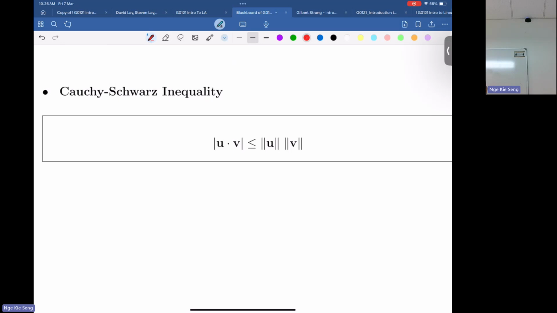The idea here is you take the dot product between two vectors, and it's less than or equal to the product of their lengths. And in maths, you always see this kind of property: when we combine things, we want to compare before and after combining them. U dot V has already combined them, but we want to see what happens if we just split them off.